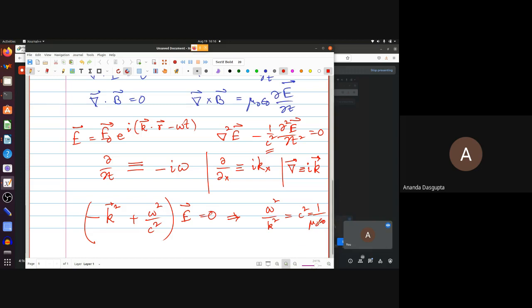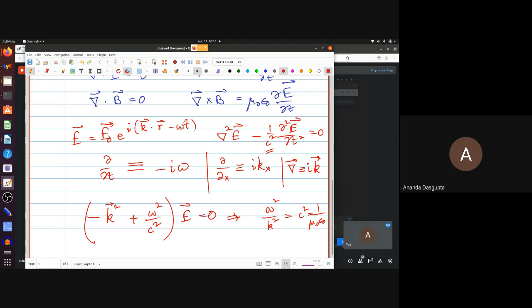But the important thing is, when you have a wave like this, omega is the frequency, angular frequency, and k is the wave number, again angular wave number. And the ratio is simply the speed with which the plane progressive wave progresses. So this immediately tells you that omega by k, the ratio, has to be equal to c, which is 1 by root over mu naught epsilon naught. So the electromagnetic wave has to travel at this particular speed.